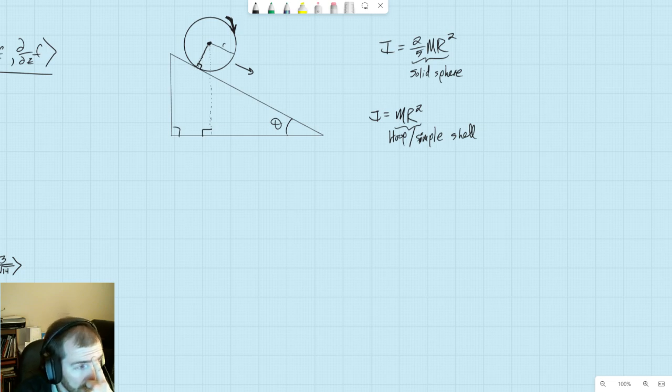Alright, so then let's pivot the point in the incline. We're going to get normal force.